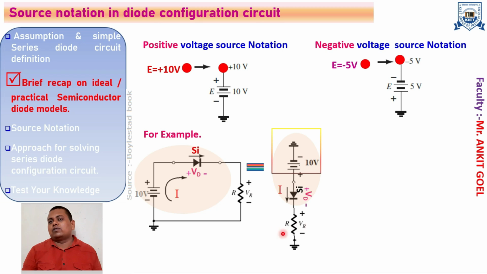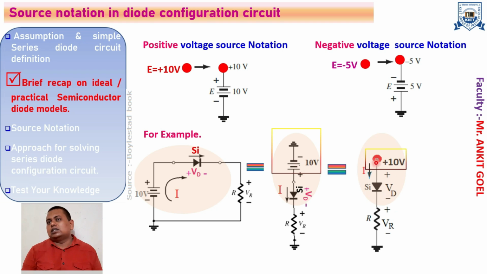This is another way of representing the circuit. Now there is a square box we have replaced. We are going to replace this voltage source by a source notation, the simple dot notation. So we can say this figure and this figure are equivalent. There is no change. This is another way of representing the series diode circuit.